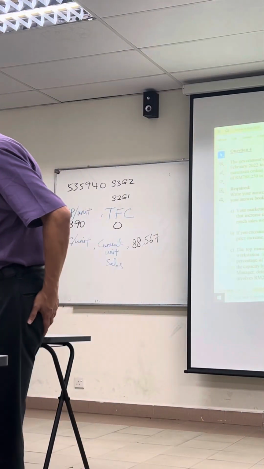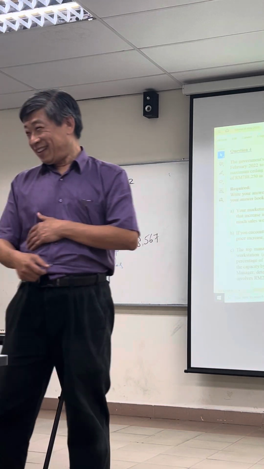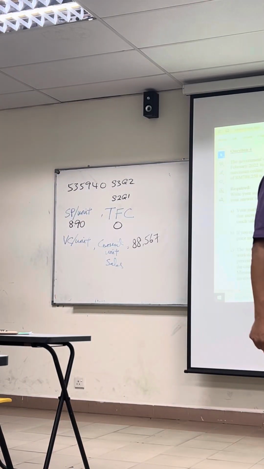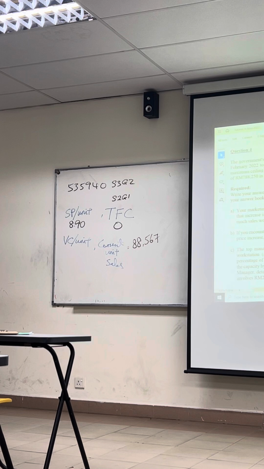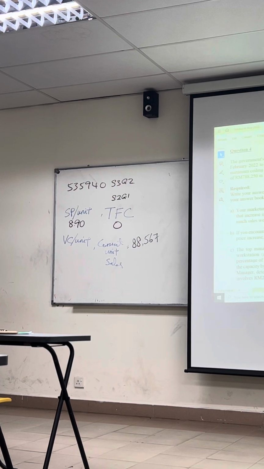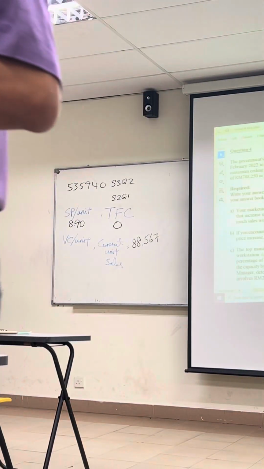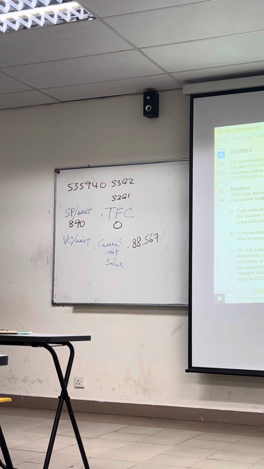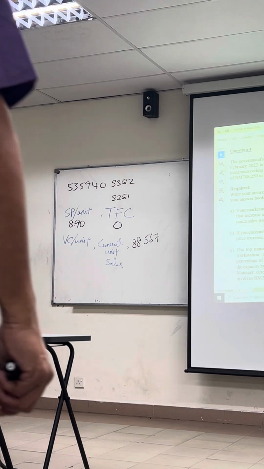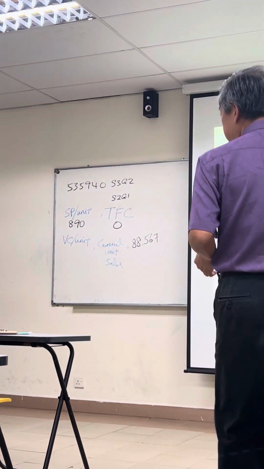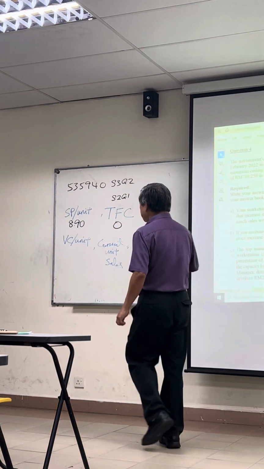Variable unit quantity, take the total variable cost divided by quantity, because it becomes per unit. Okay, you should get variable cost per unit is 2.44.